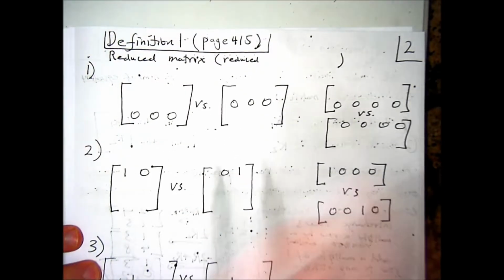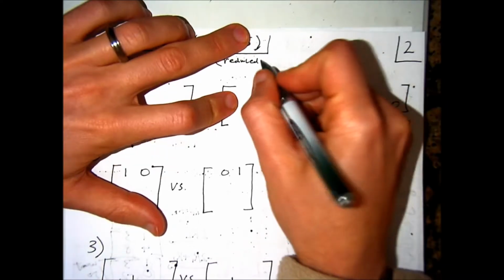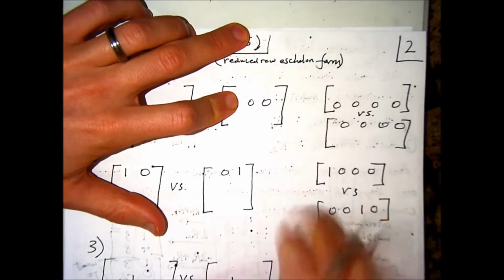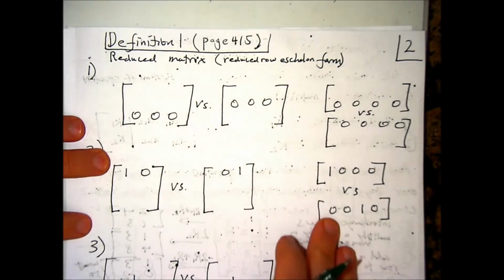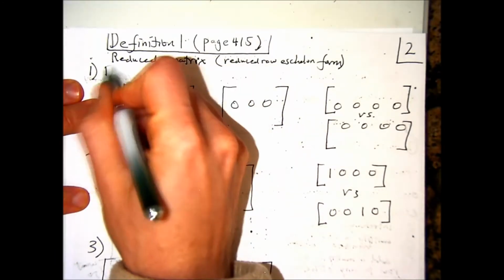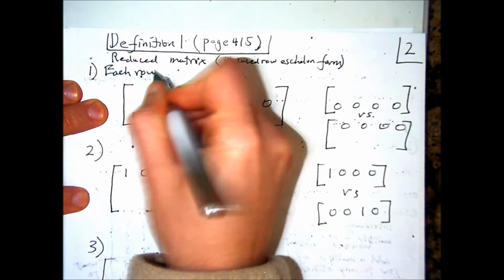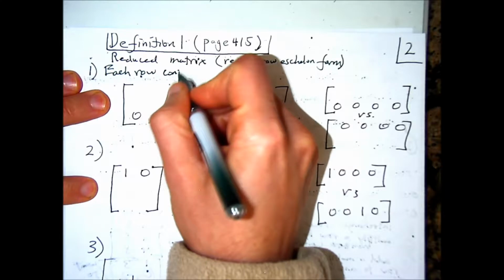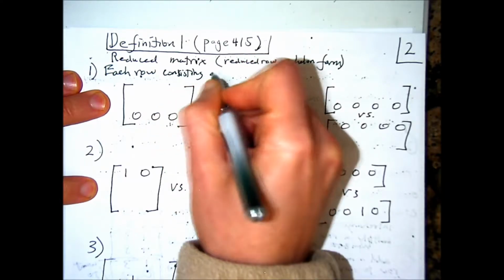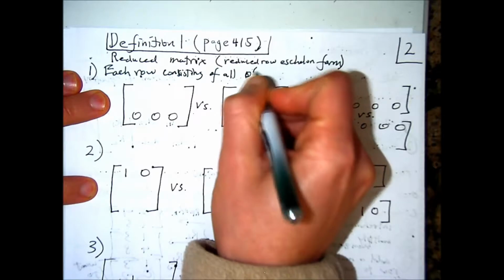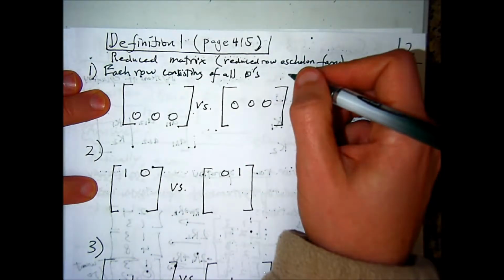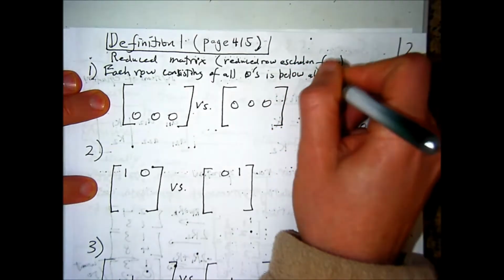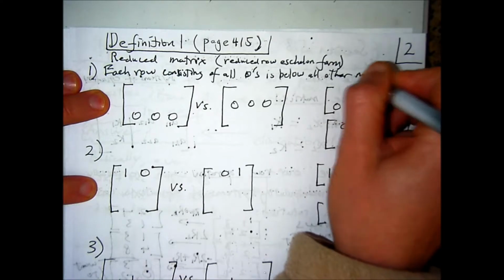A reduced matrix, or reduced row echelon form, has the following properties. 1, each row that consists entirely of zeros is below all other rows, basically.